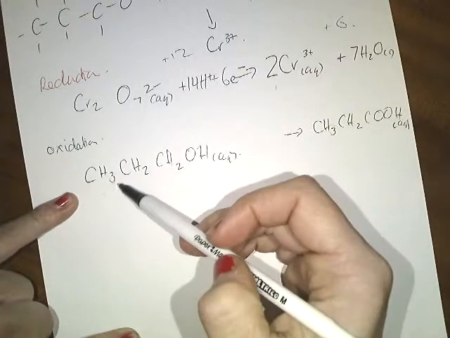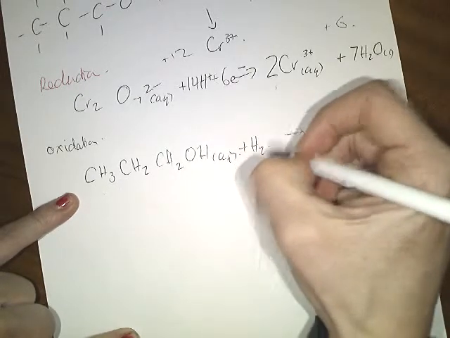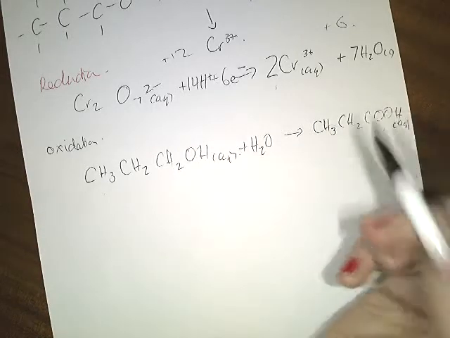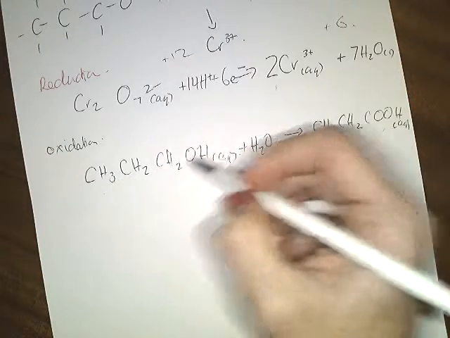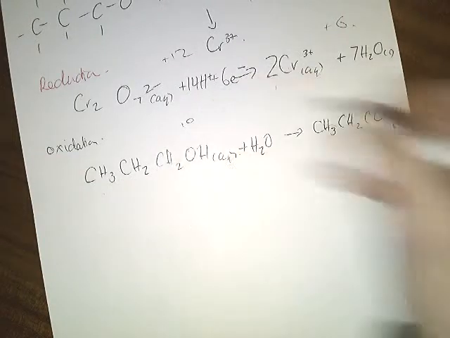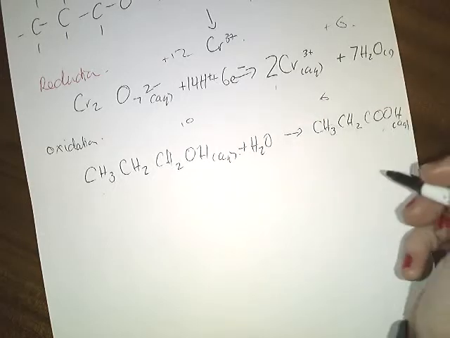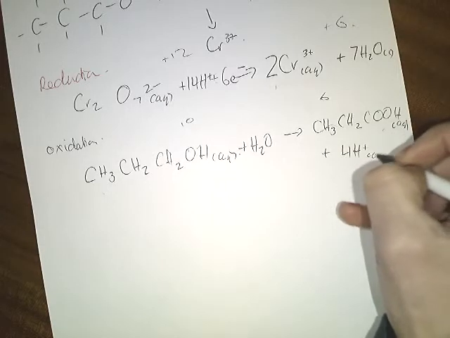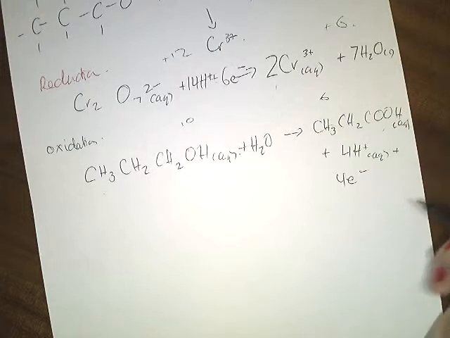Then we go the number of waters, oxygen, sorry, so we need to add 1 water to this side because we have only 1 oxygen, we've got 2 on that side. Then H's, well, we've got 3, 4, 5, 6, 7, 8, 9, 10 on this side, and we've got 3, 4, 5, 6 on this side, so we've got to actually add 4 H pluses to this side. And then we add 4 electrons.